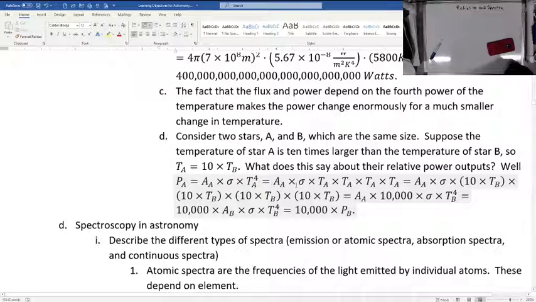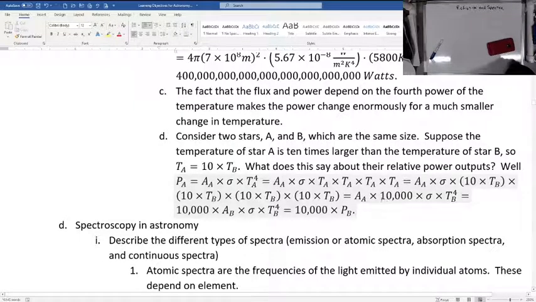And so temperature to the fourth is just temperature A times temperature A times temperature A times temperature A. But that's just 10 times temperature of B, and so I can replace all those temperature A's with 10 times temperature B's, and continue this equation. It gets really long here, but then we're free to multiply numbers in any order, and so we can take the 10 times 10 times 10 times 10 and make it 10,000.